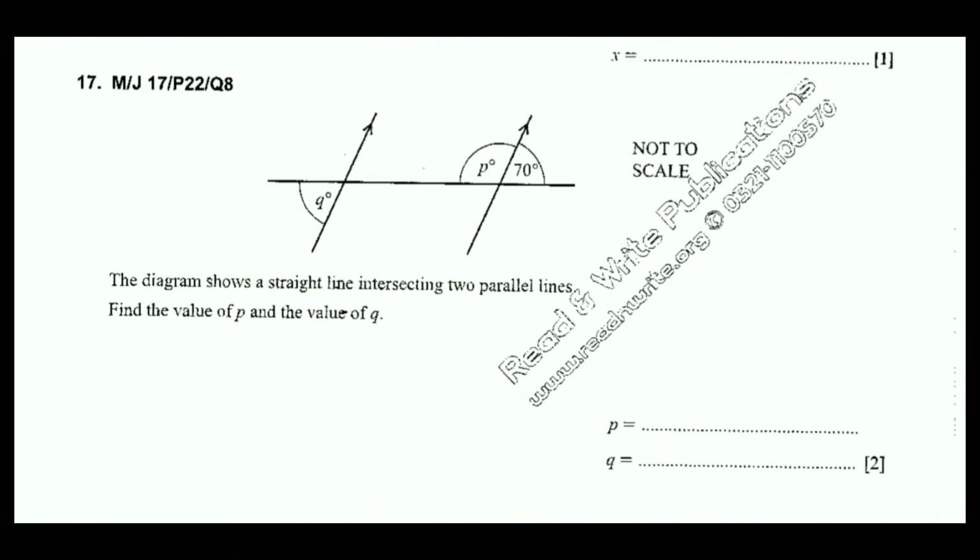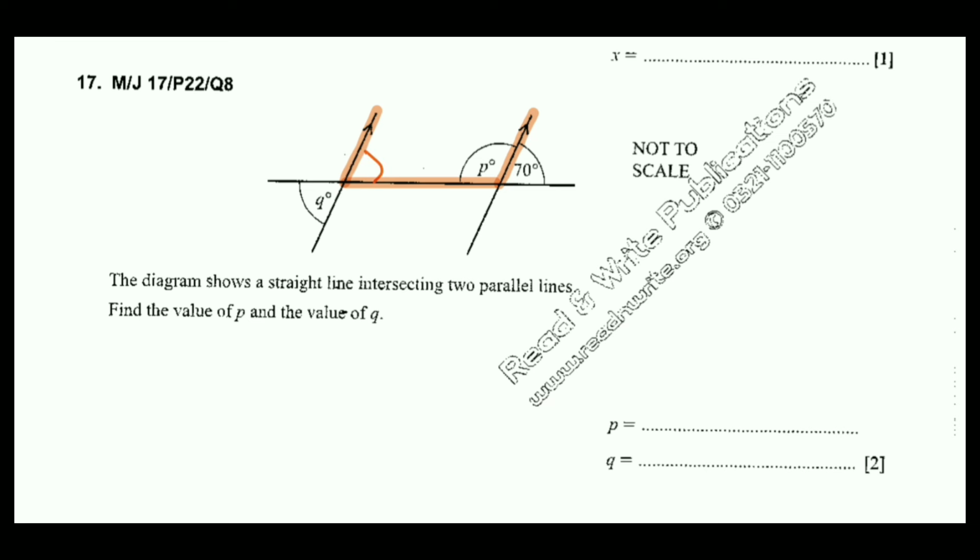Question number 17. The diagram shows a straight line intersecting two parallel lines. Find the value of P and the value of Q. Here we can see a C shape. What is the property of the C shape? Supplementary angles property.